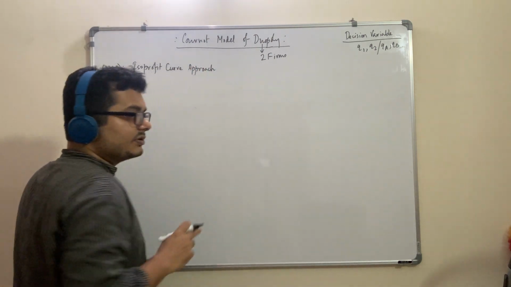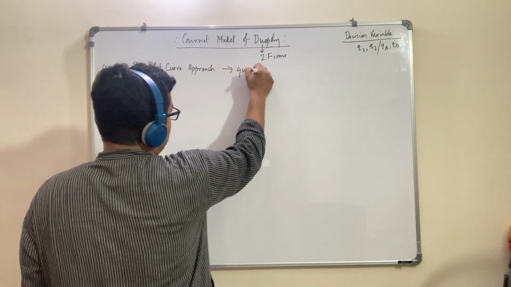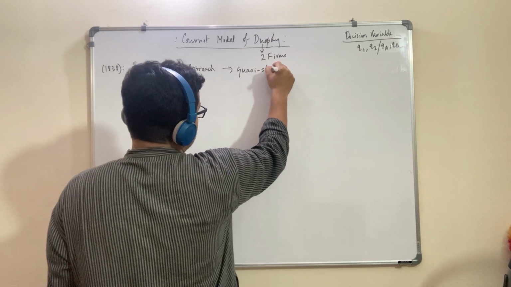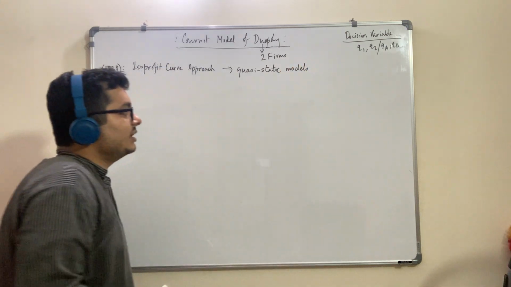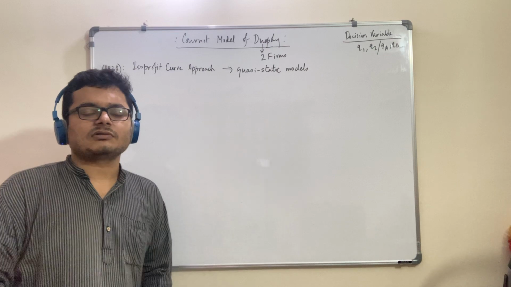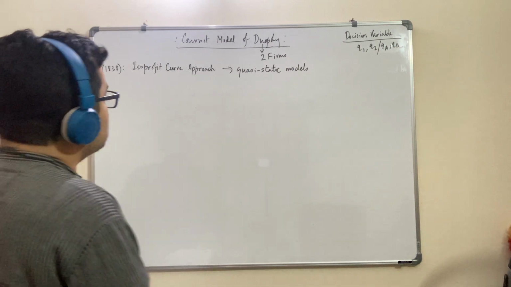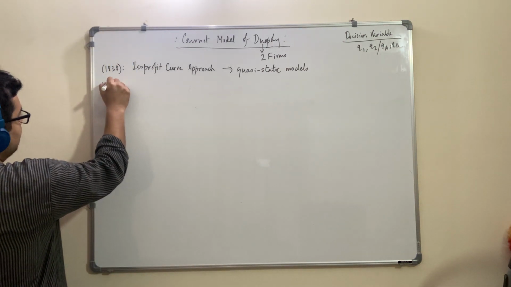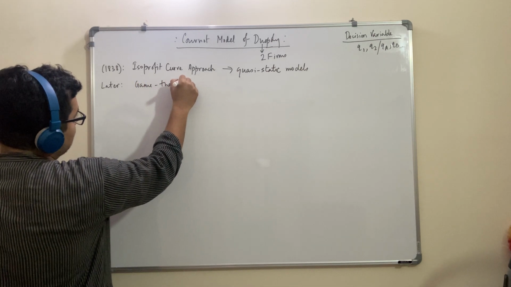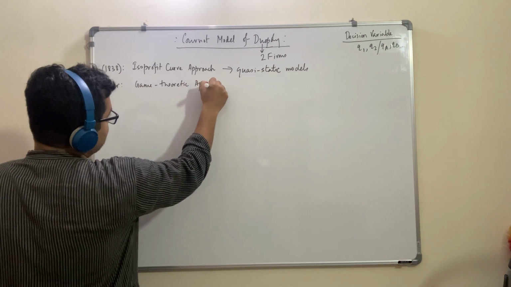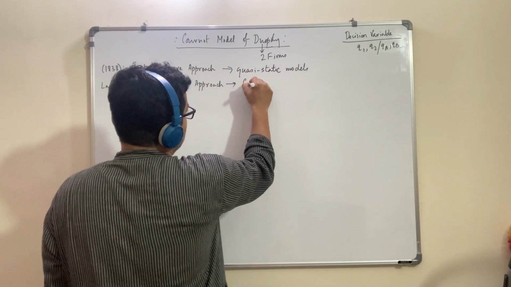But this approach has some inherent problem, and the problem is that it adds a sort of dynamic nature to the models. So they become quasi-static models and not really static models, something which is common to the microeconomics that you study in graduation. So later, to solve this problem, we have taken the game theoretic approach, obviously, which is complete, and the Cournot equilibrium became the Cournot Nash equilibrium.